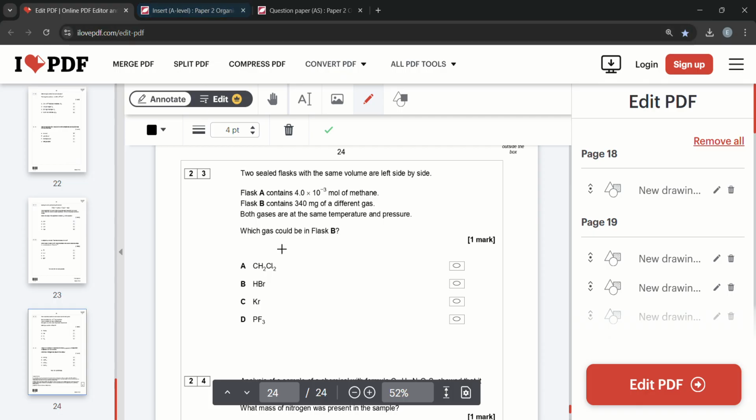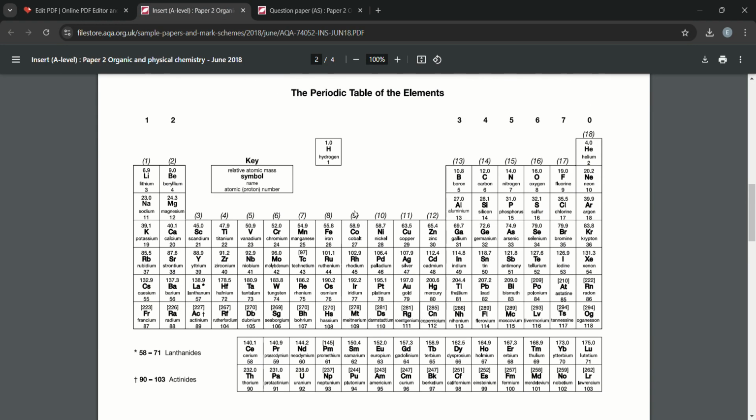With the periodic table, let's find out the MRs of these.